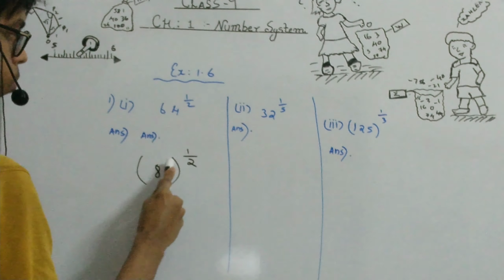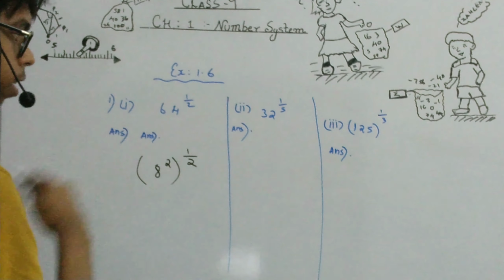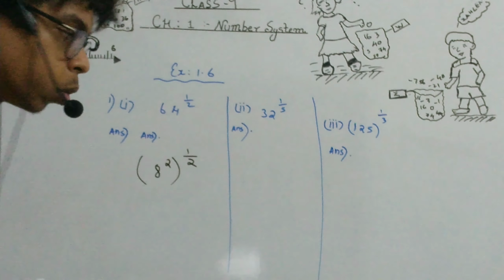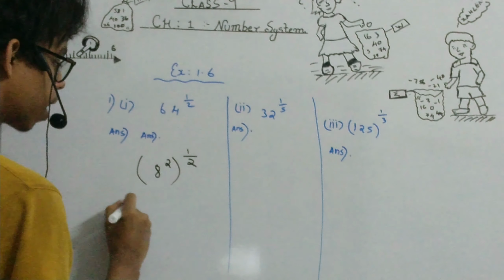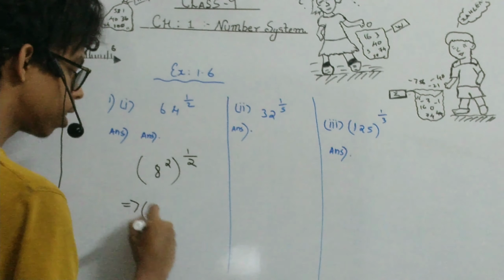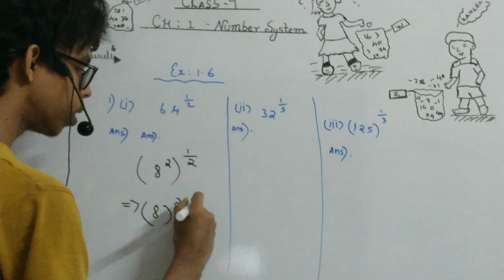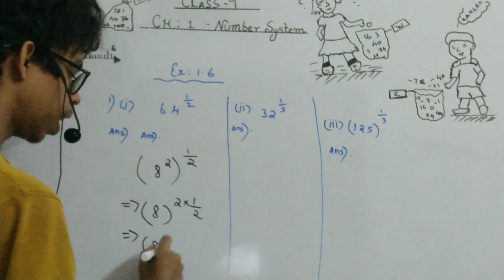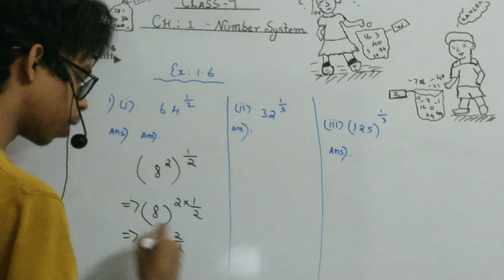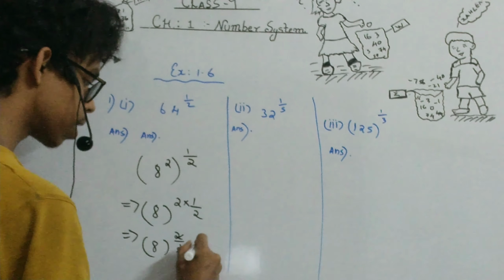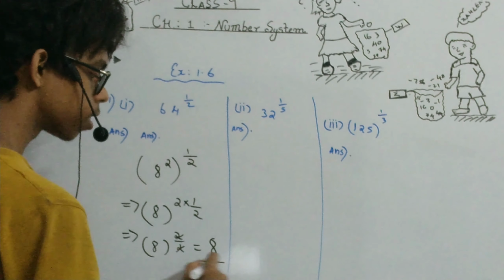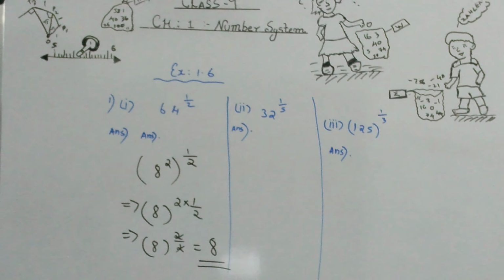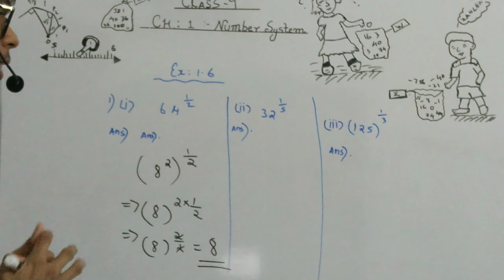Now we know a raised to m, the whole raised to n is equal to a raised to m into n. So I can write this as 8 the whole raised to 2 into 1 by 2. So I will get over here 8 raised to 2 by 2. This 2 and this 2 cancel. Finally we will get our answer as 8. Okay, I hope I am clear with it.